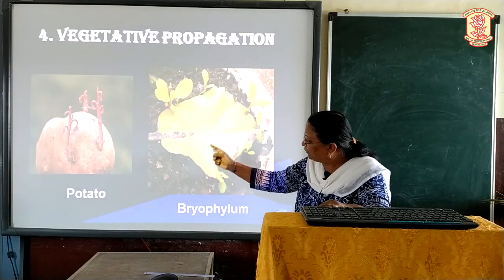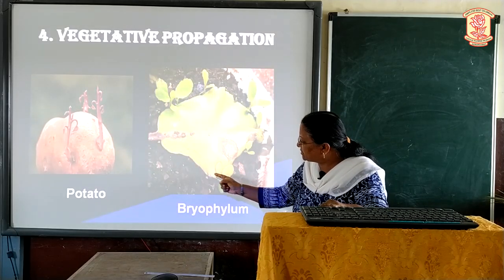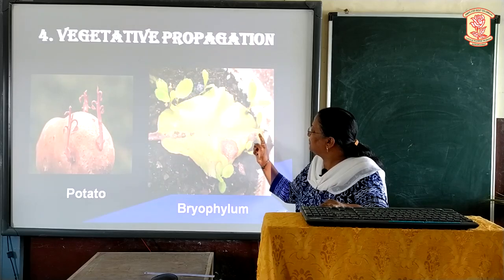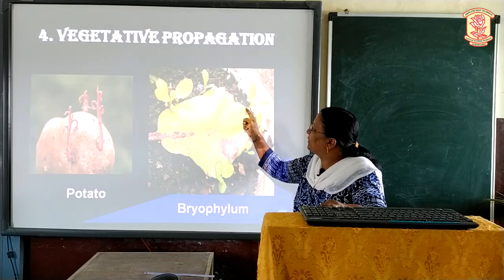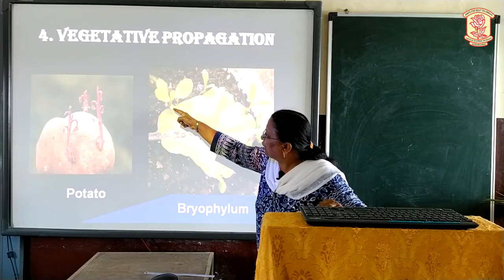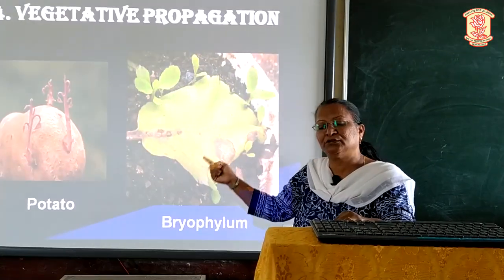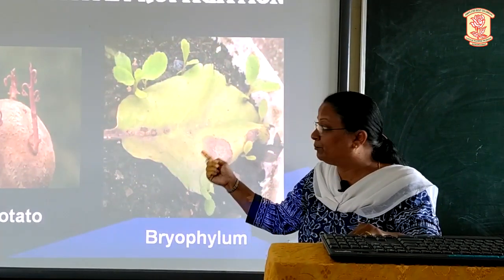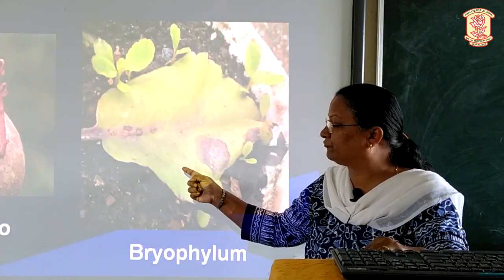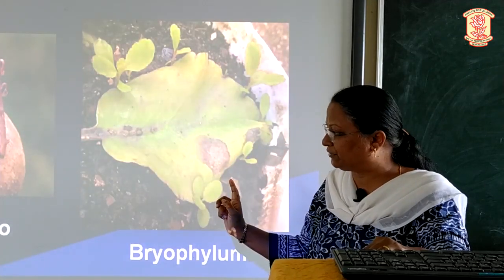A leaflet of bryophyllum has fallen into the soil. You can see on the margins small plantlets are developing into new plantlets. So this is how bryophyllum reproduces itself with the help of a leaf. Now you very well know the leaf is a vegetative part of the plant.